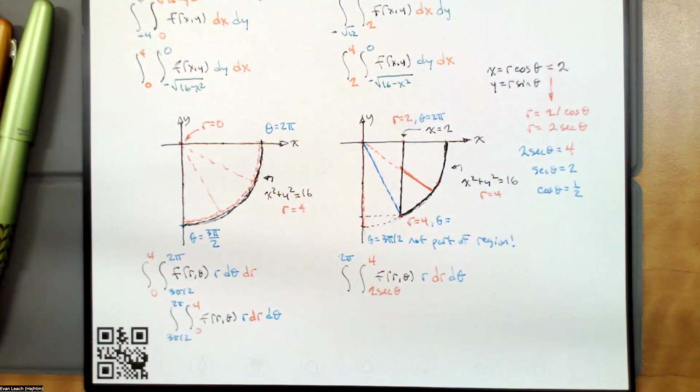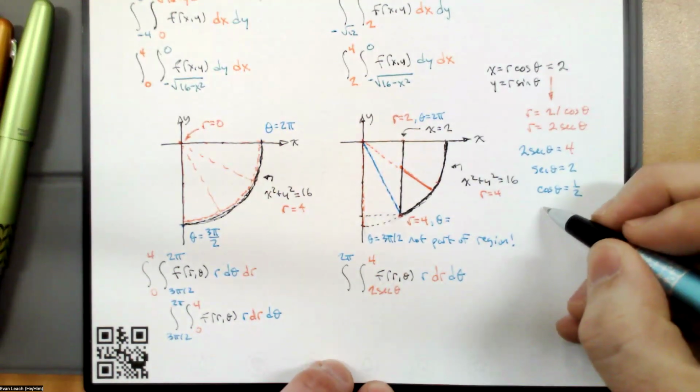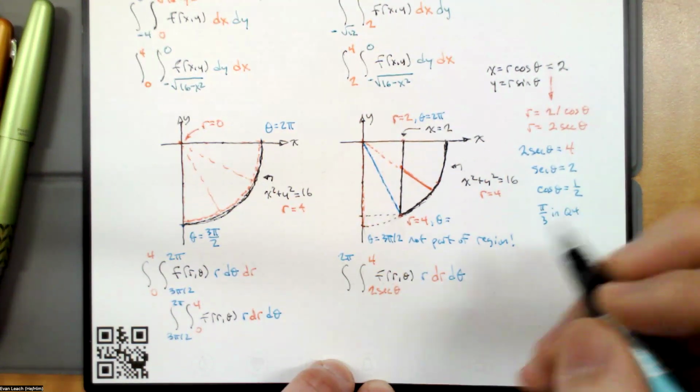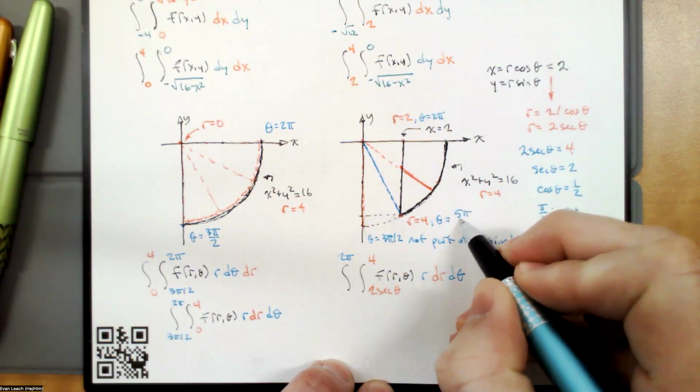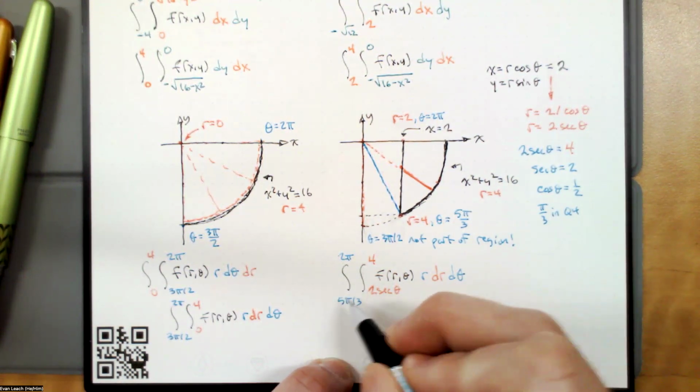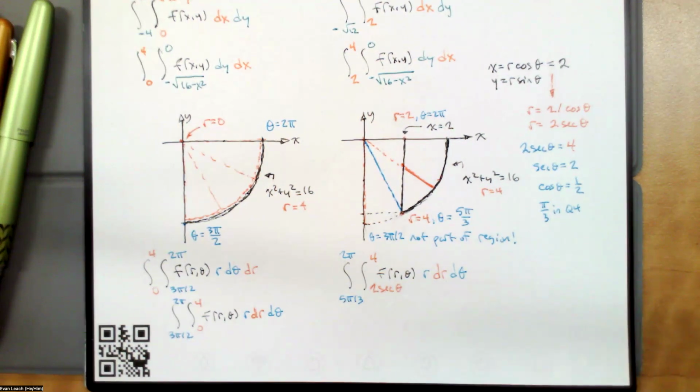We need to put that in the fourth quadrant. So that's going to be 1, 2, 3, 4, 5 pi over 3. So we'll start at 5 pi over 3 and integrate up to 2 pi.